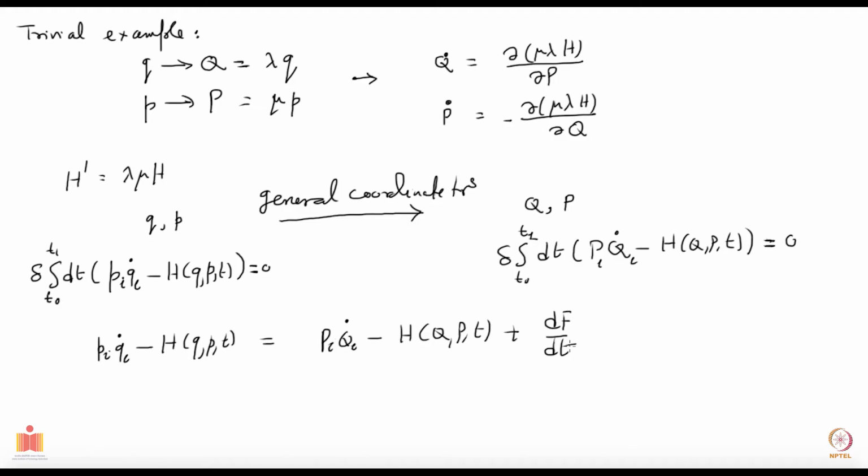Okay, that's good. Now this F, capital F, is called a generating function of the transformation. F, where is it? This is called the generating function. You will see immediately why, of the transformation.